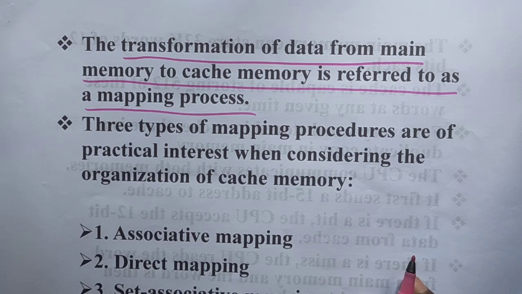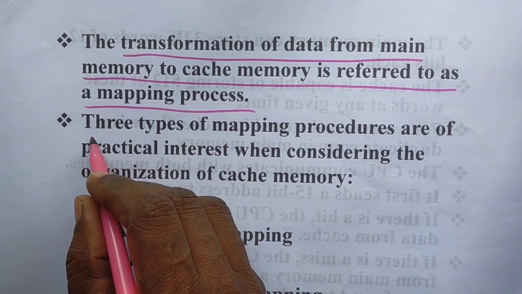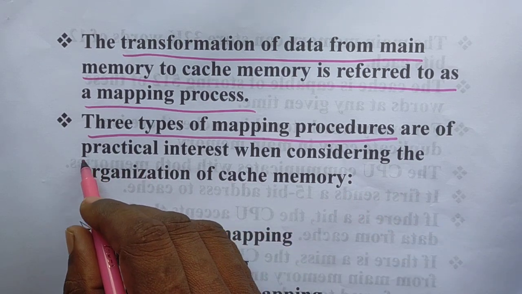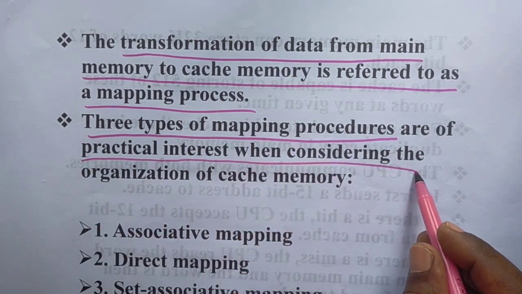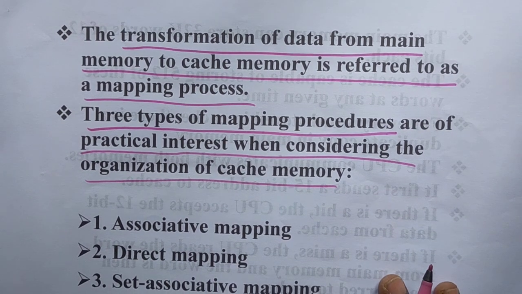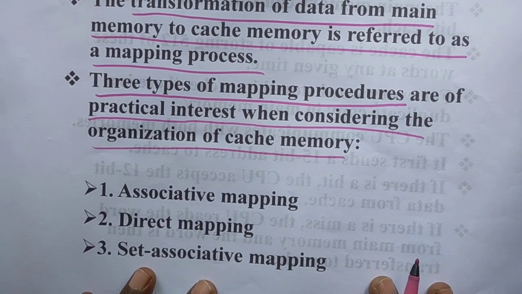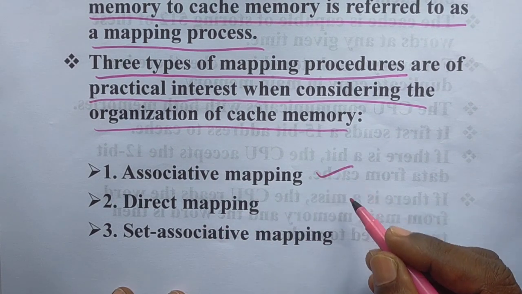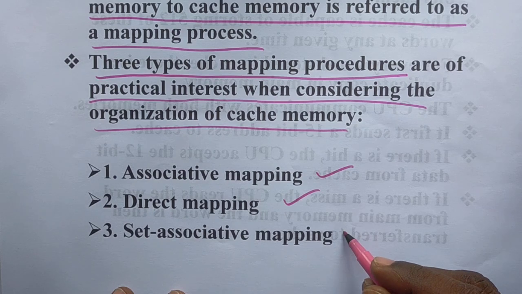So whenever I go through the mapping process, there are some categories of mapping. Normally three types of mapping procedures are of practical interest when considering the organization of a cache memory. Those mappings are associative mapping, direct mapping and set associative mapping.